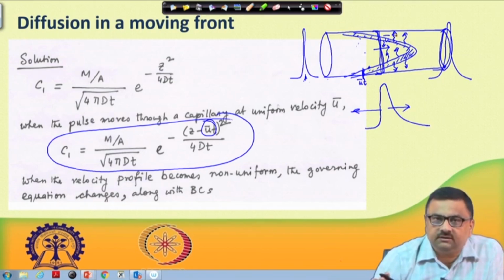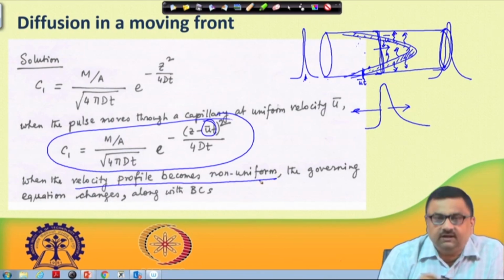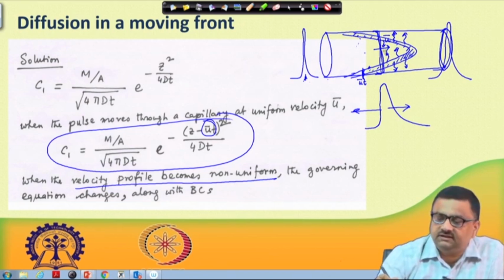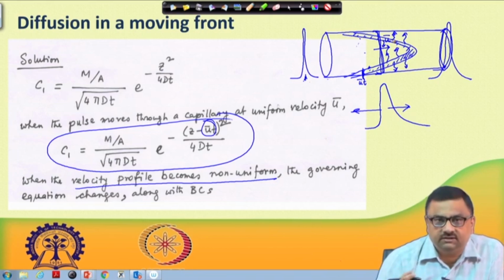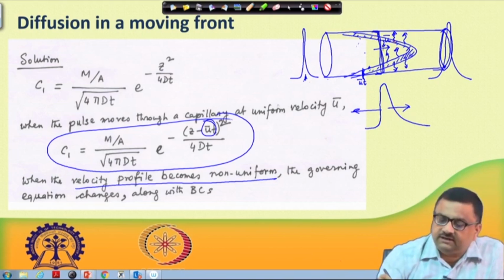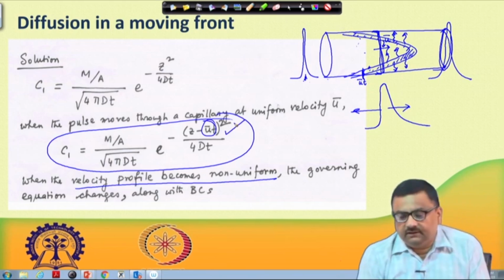So, what we said is, when the velocity profile becomes non-uniform, that means you do not have a single velocity everywhere along the cross section, then the governing equation changes along with the boundary conditions. If it had been a standard flat front, this equation could have been just fine.